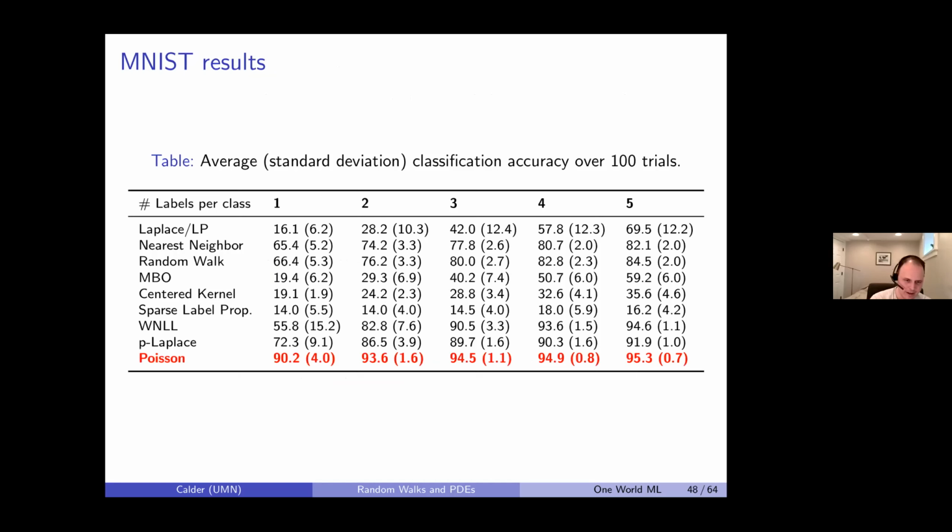In each of these cases, Poisson learning works a lot better than most of the other algorithms, although some are a bit competitive, like WNLL when you get to higher label rates, and p-Laplacian. This is run over 100 trials of randomizing the labeled points, with 1 to 5 labels per class, and you're seeing the standard deviation of the accuracy in brackets over those 100 trials.